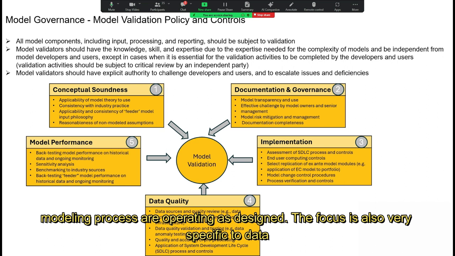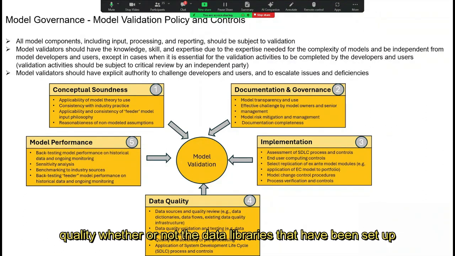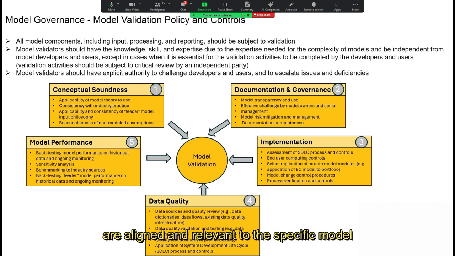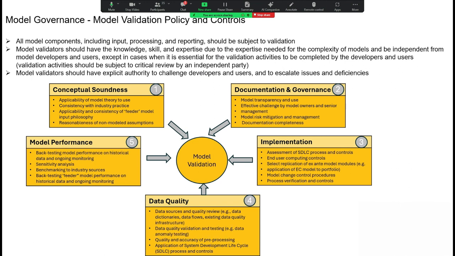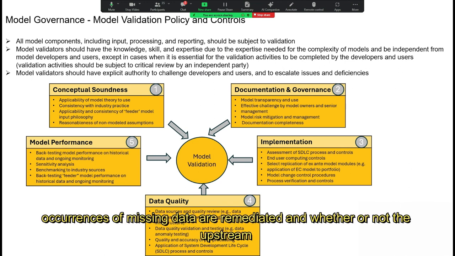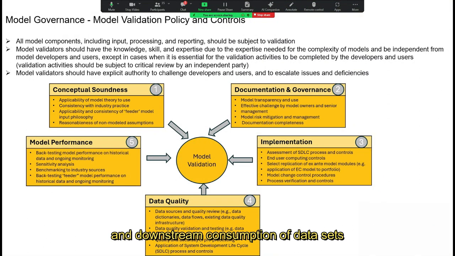The focus is also very specific to data quality: whether the data libraries that have been set up are aligned and relevant to the specific model use, whether the data extracts are aligned to the data libraries, whether occurrences of missing data are remediated, and whether the upstream and downstream consumption of data sets through the data aggregation hubs are documented and tested for accuracy.